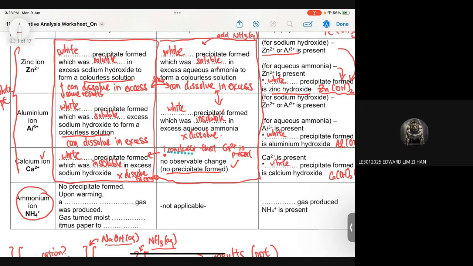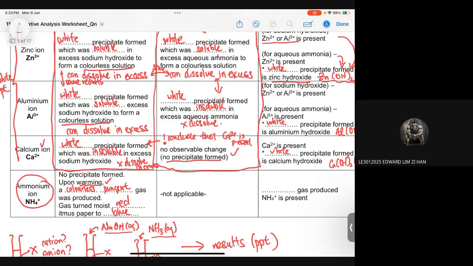No precipitate forms, but after warming it, so you need to warm it, this warming part is important, you're going to get a colorless pungent gas being evolved. This gas turns moist red litmus paper to blue, which tells you ammonia gas is produced, and hence ammonium is present.